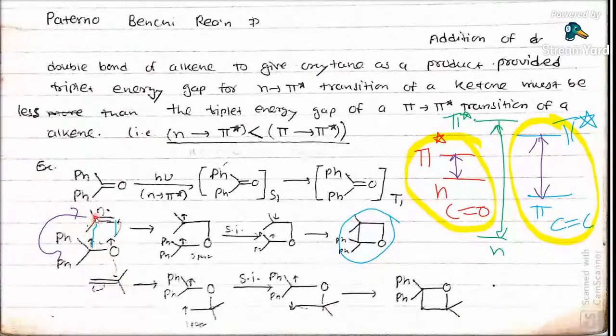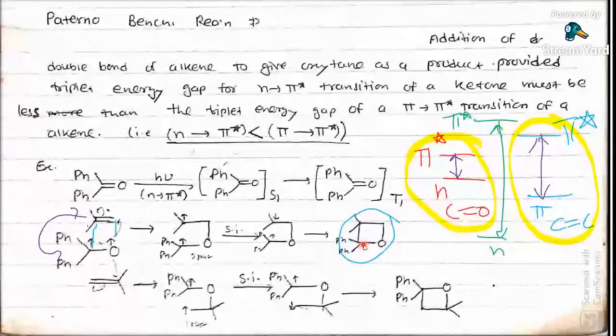So it can attack in this way or in this way. This is the isobutene group. It has two possibilities to react. As this is a double bond, it will form a diradical and those two radicals will combine with these radicals after spin inversion. I have written all this, and we will get a structure like this. This is called the oxetane.